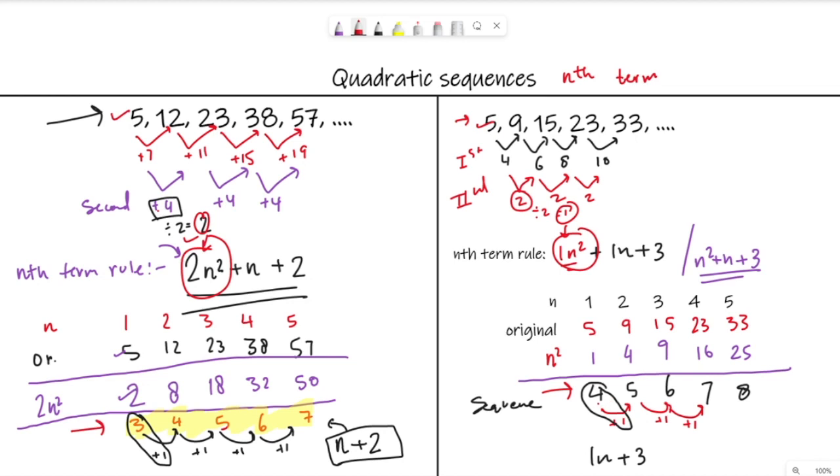Use that new arithmetic sequence to find the nth term rule, as we used to find in arithmetic sequences. That's the rest of the part of your nth term. So this is how we completely find the nth term rule for quadratic sequences.